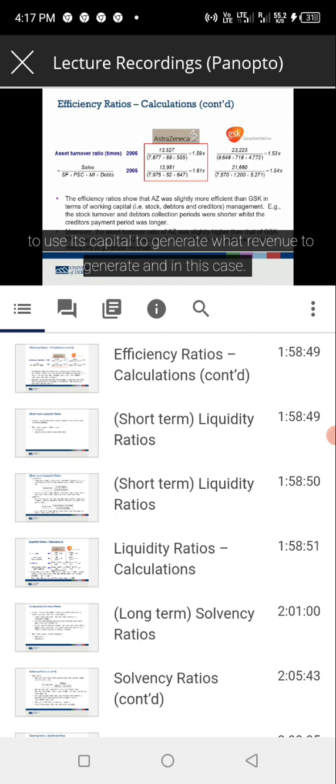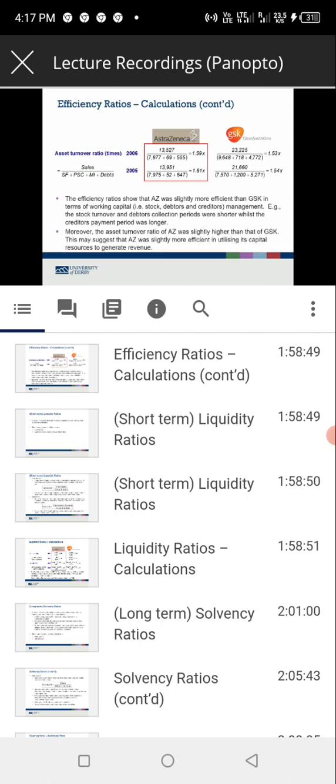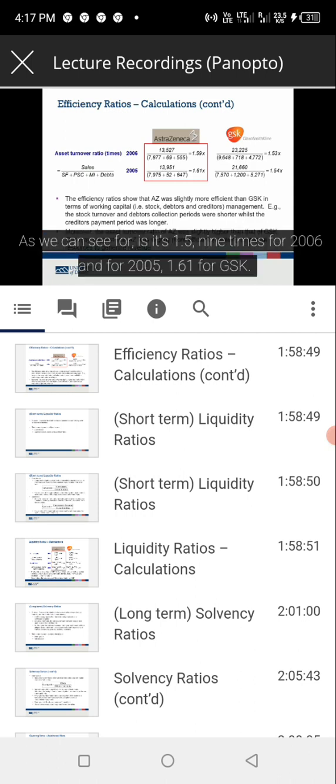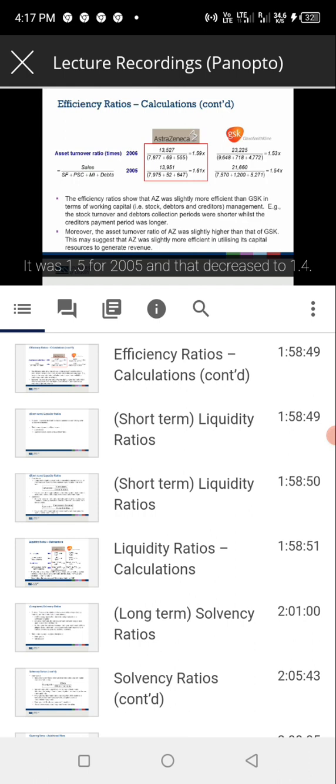And in this case, as we can see, for AZ it's 1.59 times for 2006, and for 2005, 1.61. For GSK, it was 1.54 in 2005, and that decreased to 1.53. They are relatively stable. Is that not? So, again, we said AZ is performing better.